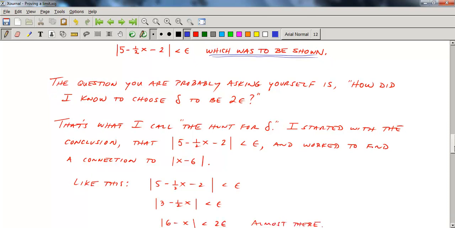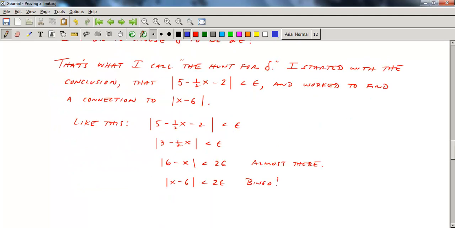So in this particular case, I started here with the conclusion. I combined 5 and minus 2. I multiplied both sides by 2. I noticed that I almost had what I needed, because I was actually trying to get a statement about the absolute value of x minus 6. I actually got instead a statement about the absolute value of 6 minus x. But recognizing the properties of absolute values, the absolute value of 6 minus x is the absolute value of x minus 6.